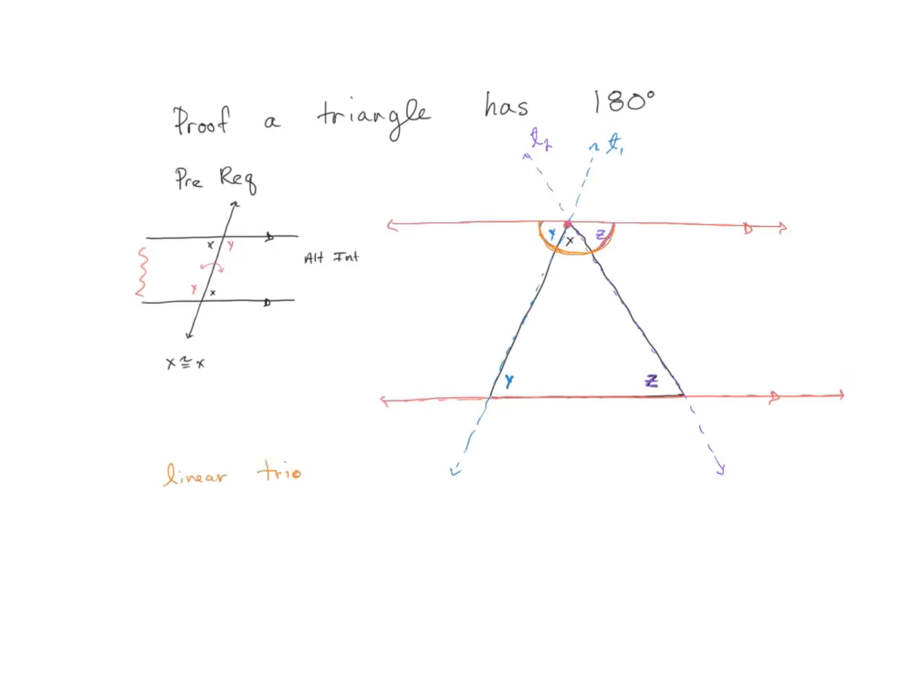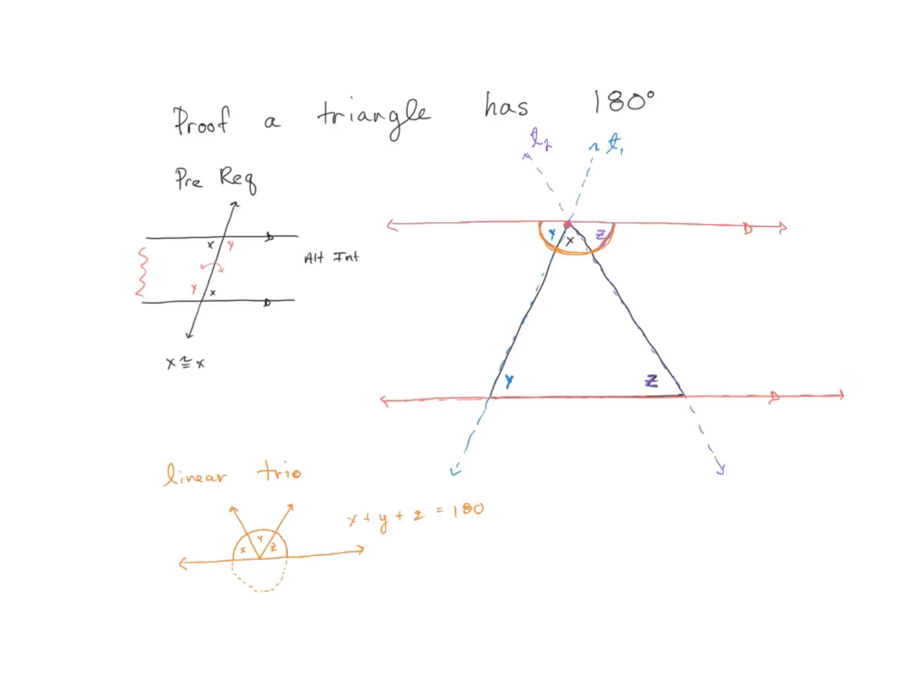Well, if I have a straight line, and I know a straight line is made up of 180 degrees because it's basically cutting a circle in half, we could say, right? Then I know that this x, y, and z is going to be equal to 180.